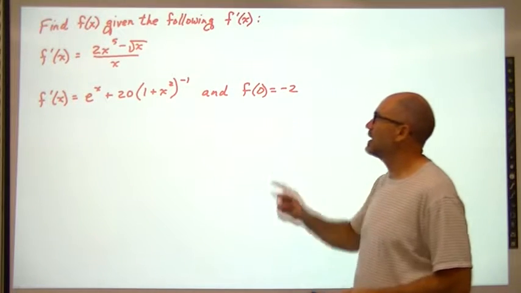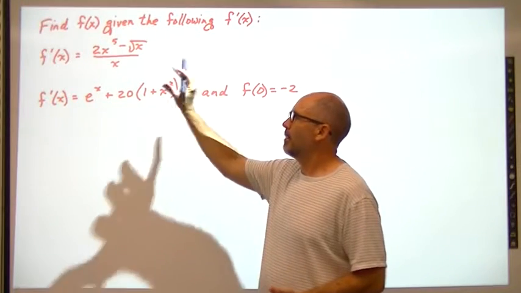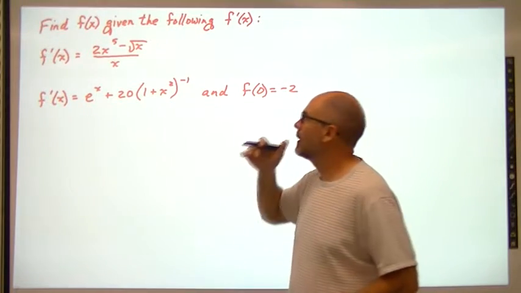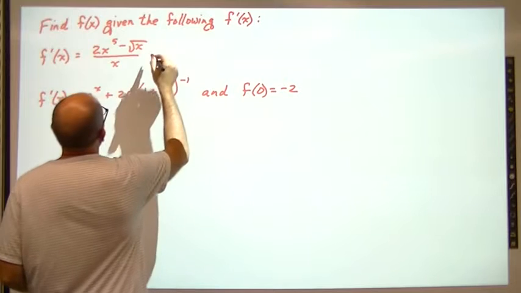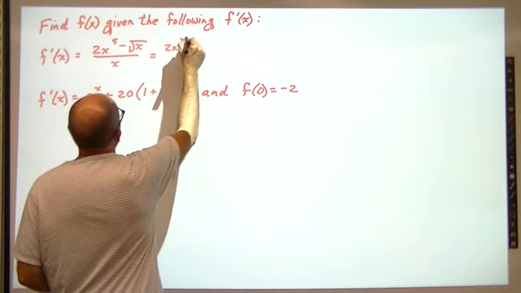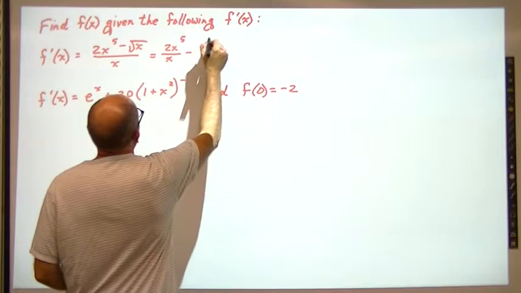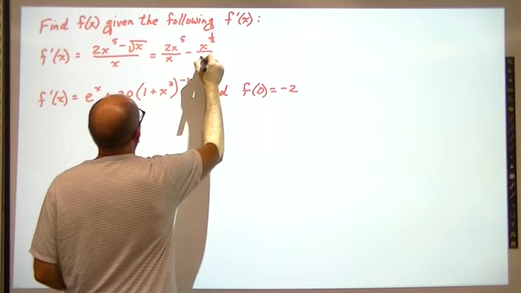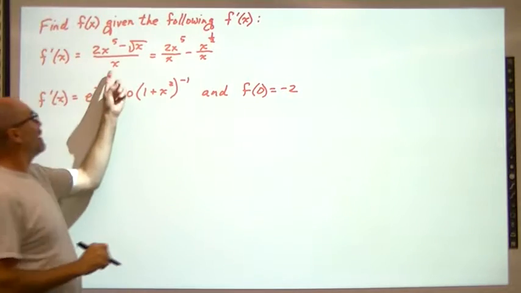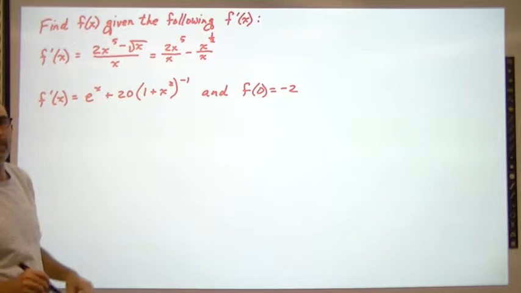Now you can change this into bite-sized chunks that are added up. So let's just do that. This equals 2x to the 5th over x minus x to the 1/2 over x. See, all I did was treat this x as a common denominator and split those two things up.